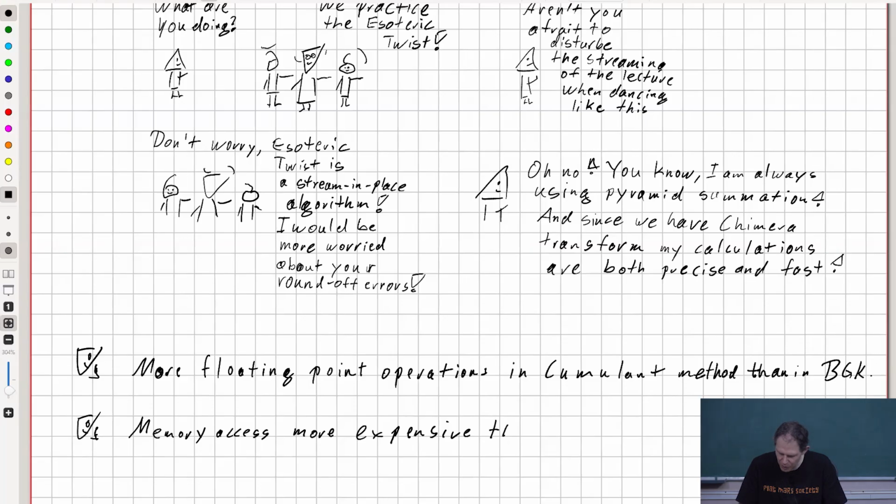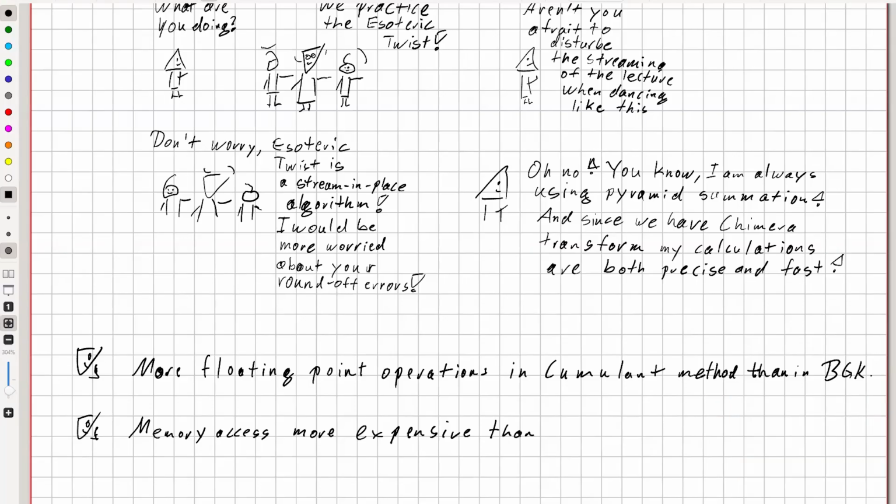In terms of memory access, we are on par with the BGK method because we only have to read our populations, and then they are usually in the processor and in the registers while we are doing computations on them. So these operations are not necessarily expensive.